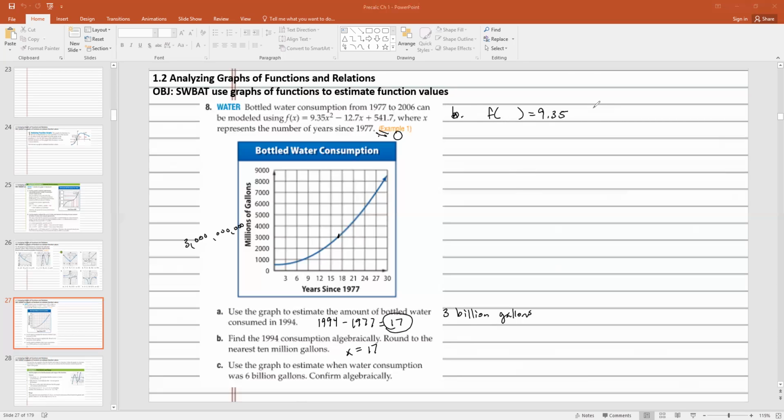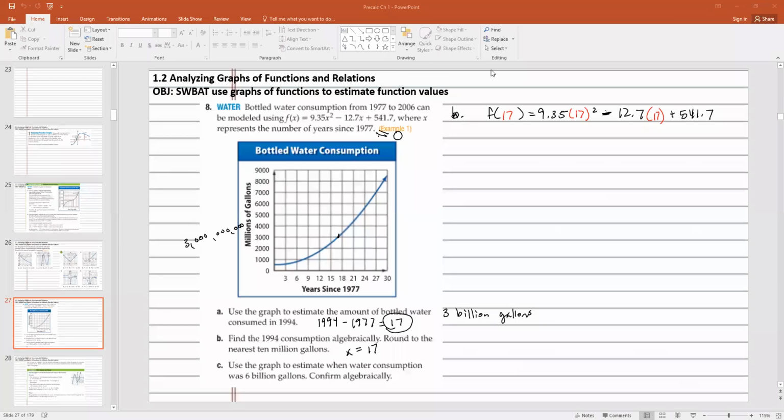9.35 times 17 squared minus 12.7 times 17 plus 541.7. All right, so I'll do it on Desmos.